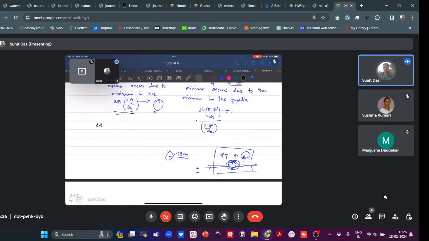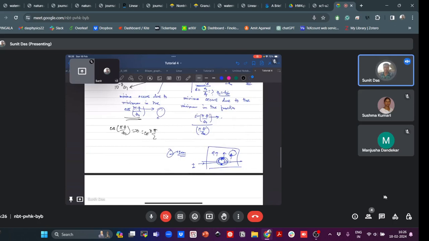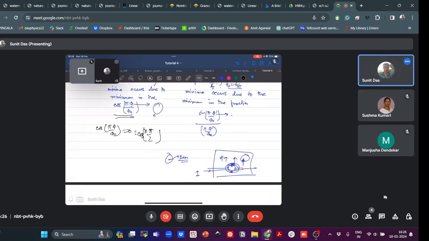So cos(phi/phi 0) is equal to 0 when it is n pi by 2, equal to cos(n pi/2). So then for the lowest case, n equal to 1, we will have phi/phi 0 equal to pi by 2. So phi equal to phi 0 by 2, right?